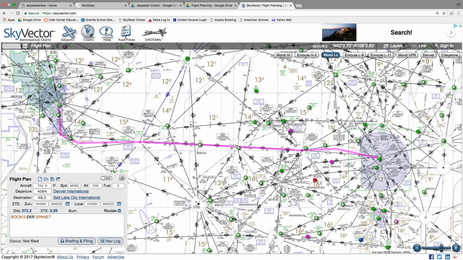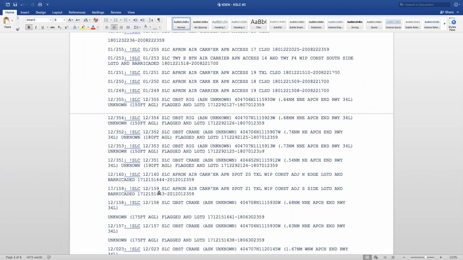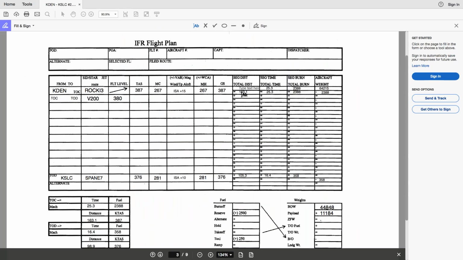So we'll just do 105 for this segment distance. So 373. This one will do 105. We already know those two numbers, right?